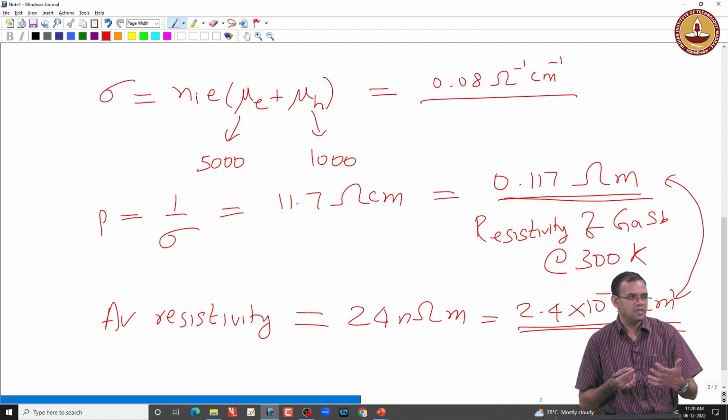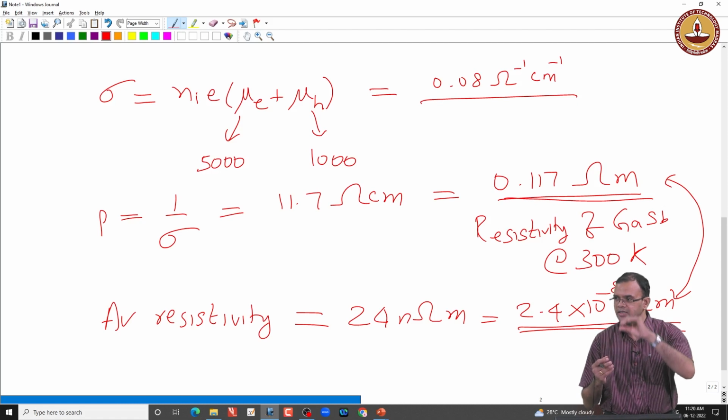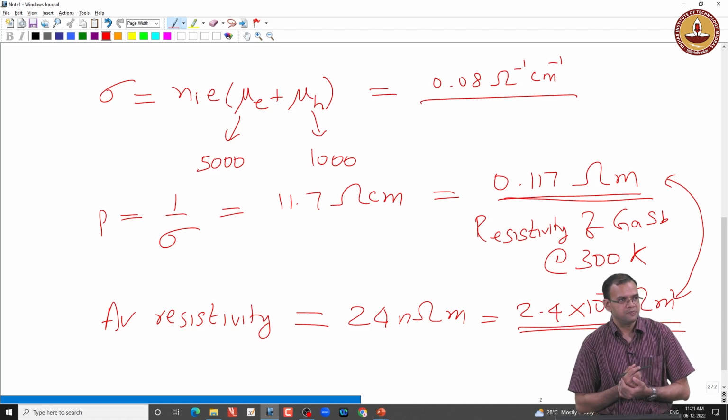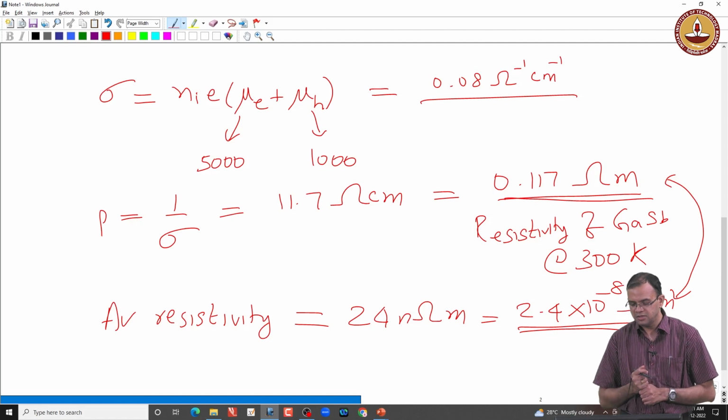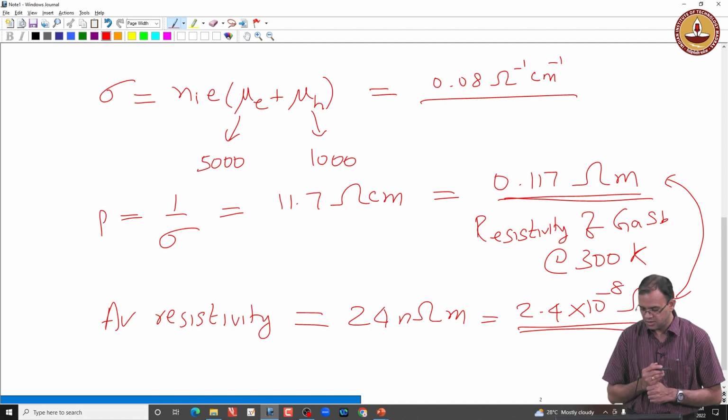So all of this is related to the fact that gold does not have a band gap. You have one band, which is your valence and conduction band, so it's very easy for charge carriers to move, while a semiconductor has a band gap, which means the electrons have to jump from the valence band to the conduction band. So how we do that is essentially the reason why you have this wide difference.